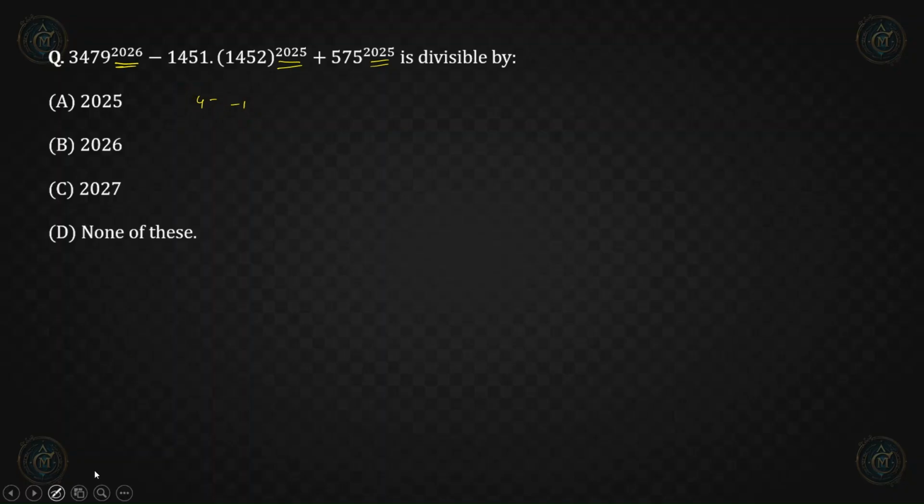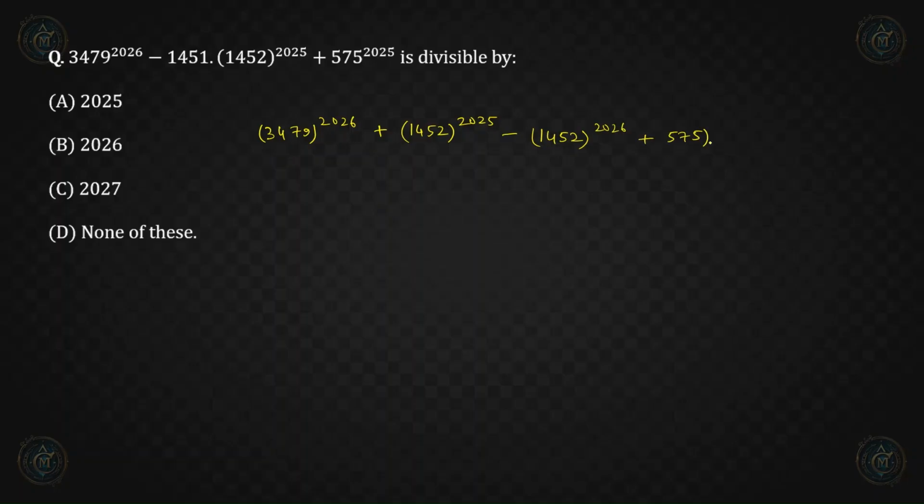So let us do this. That means we get 3479 to the power 2026, then plus 1452 to the power 2025 minus 1452 to the power 2026 plus 575, then whole to the power 2025.